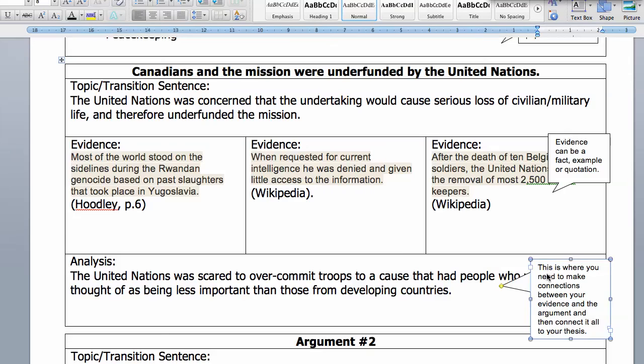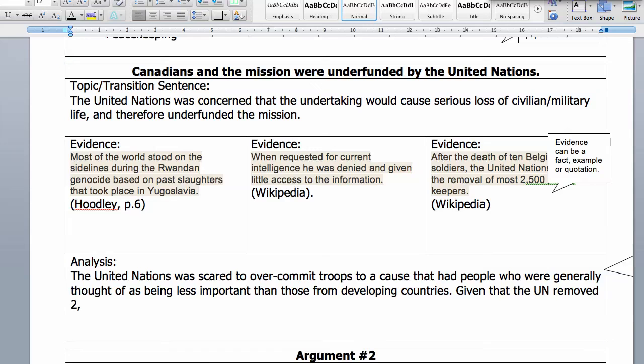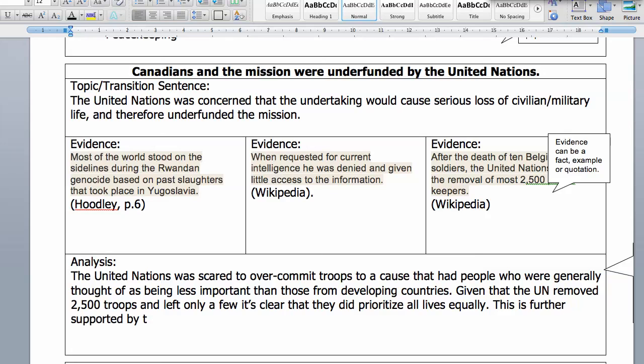Okay, I apologize that you can't really see this on the side. Given that the UN removed 2,500 troops and left only a few, it's clear that they did not prioritize all lives equally. This is further supported by the fact that over 1 million Rwandans paid with their lives.